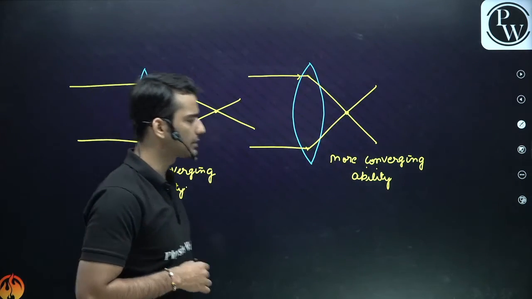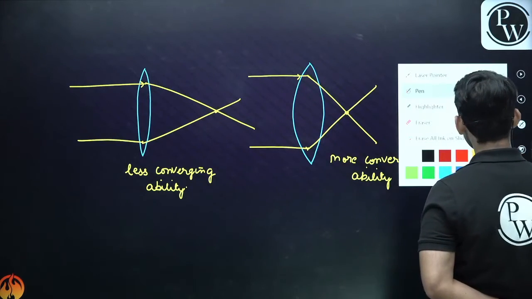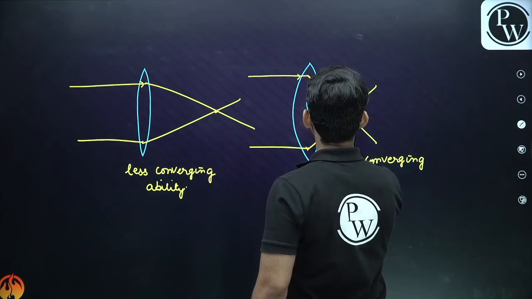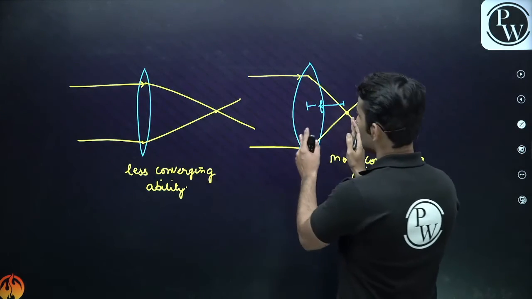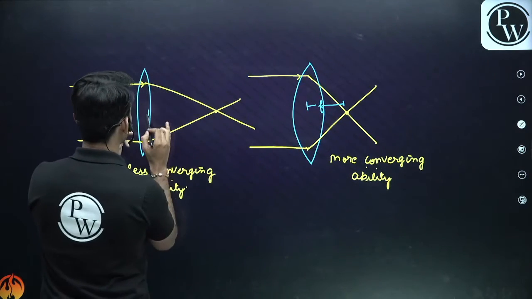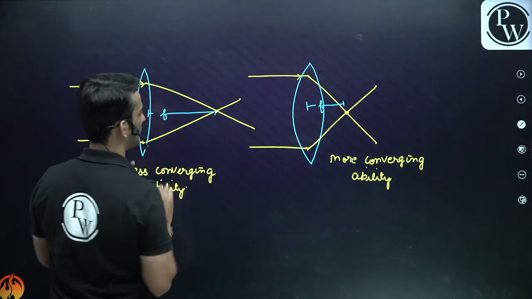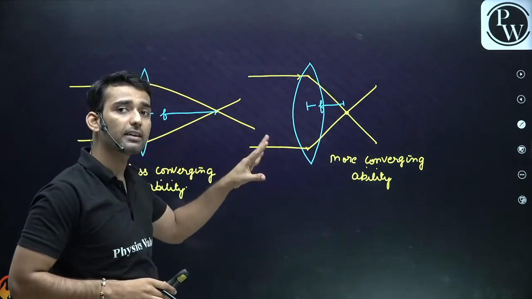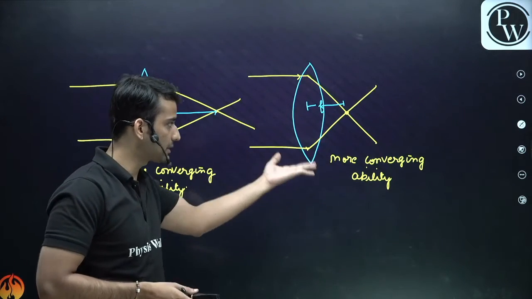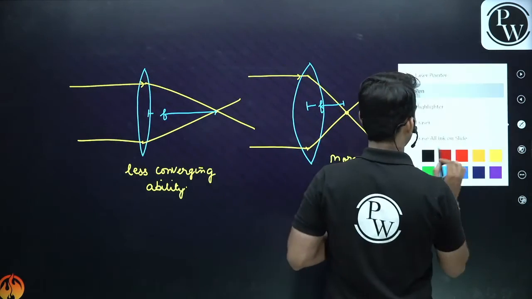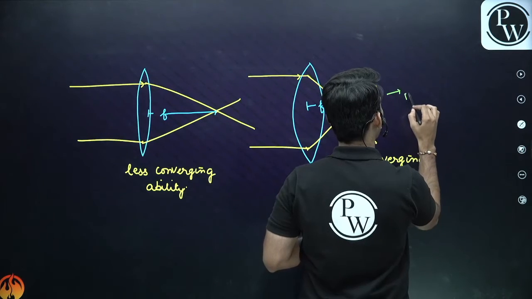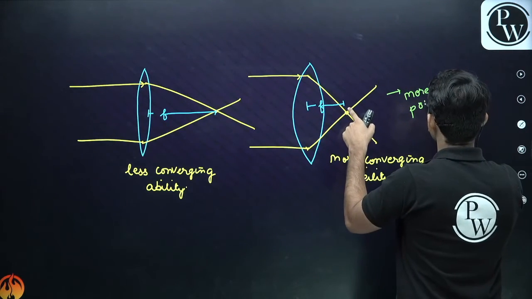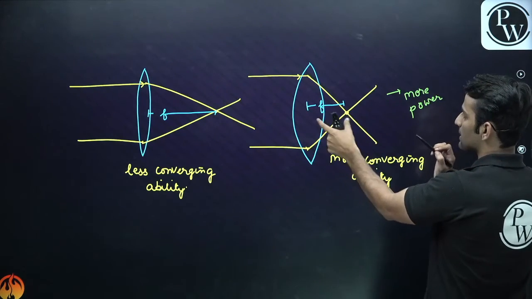So guys, what do you see? You see that this lens converges more and this lens has lesser focal length. But what about this? This lens has comparatively more focal length. So guys, power tells you the converging or diverging capability of a lens. This is converging more. That means it has more power and less focal length. Can you see this? More power and less focal length.